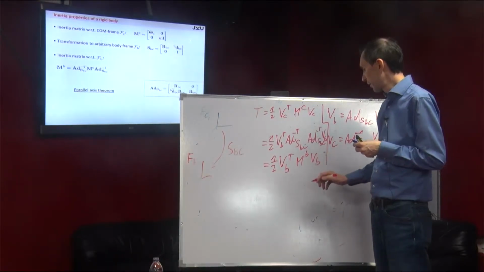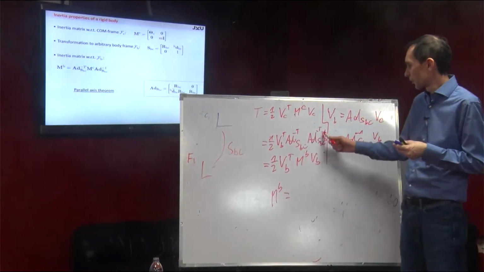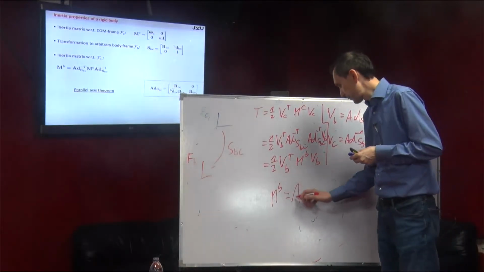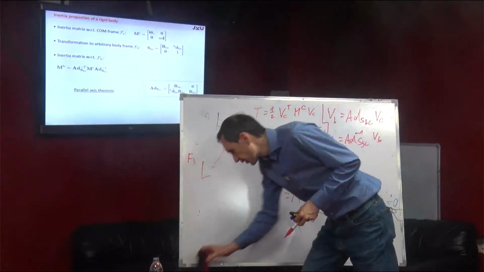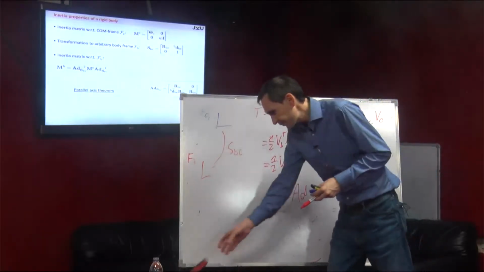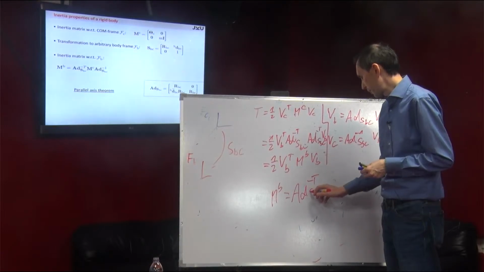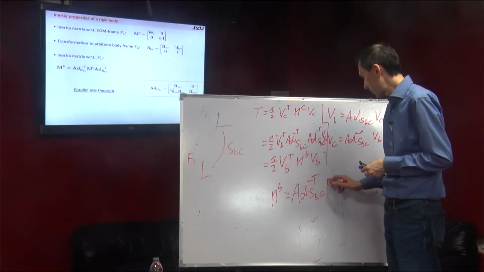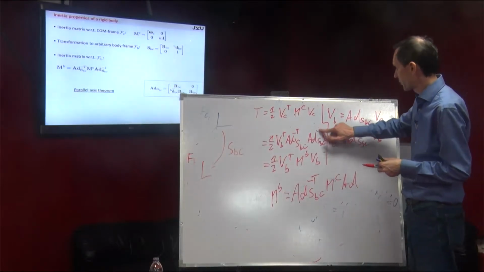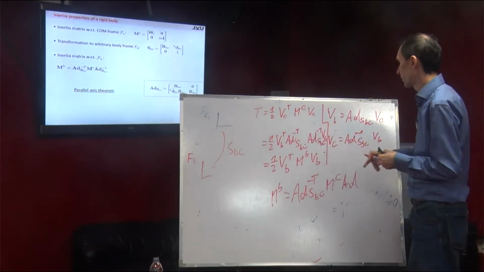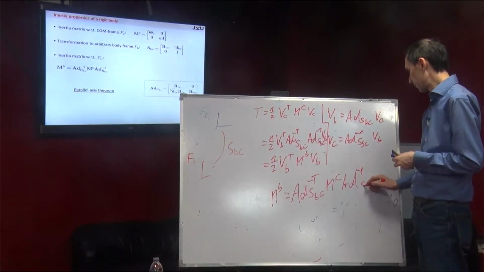times V_B, okay? And M_B is then simply, by definition, everything that goes in there, right? Oh, sorry. It's the adjoint inverse transposed of S_BC times M_C times the adjoint inverse of S_BC. This is not transpose, of course, this is just the inverse, because we have just V_C, not V_C transpose.